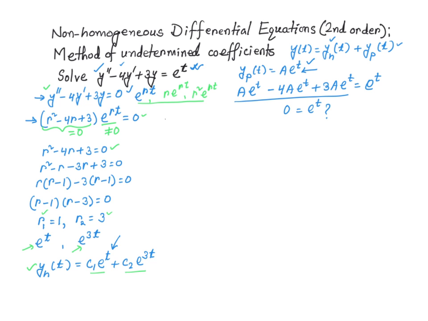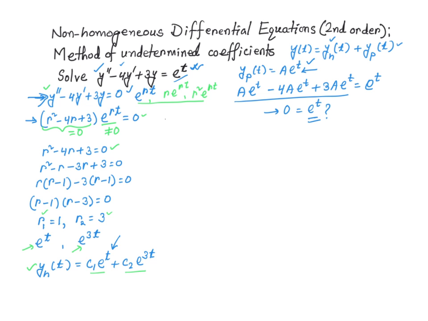So whatever we have on the right hand side, e to the power t, is a solution to the corresponding homogeneous equation, which is this. Of course, that has to be equal to 0, so the right hand side should be 0 to be consistent with the left hand side. So this cannot be a solution.